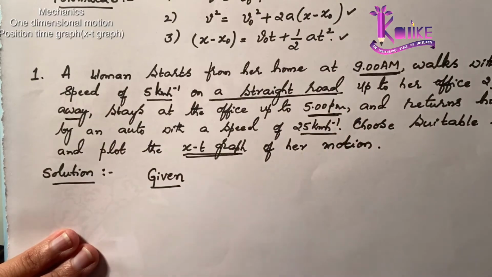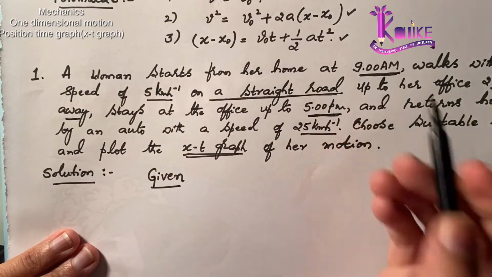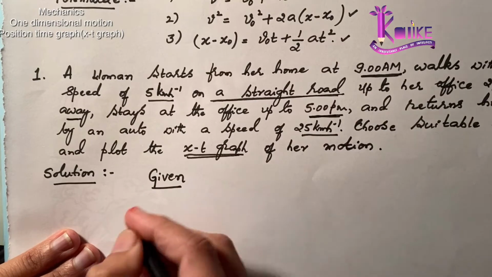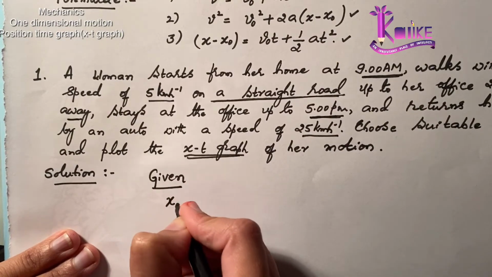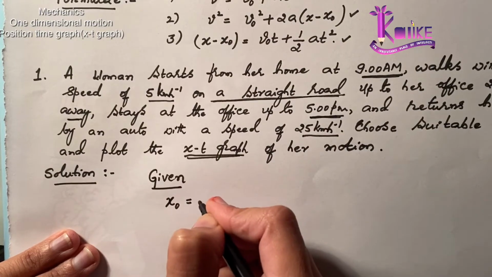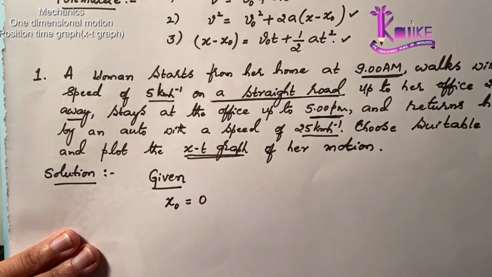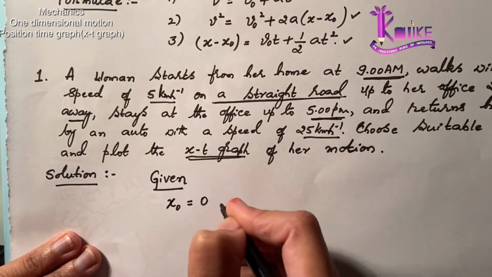The woman is at her home when the time is 9 a.m. So that means the position of the woman, if I call it x0, is 0. If I call her home the origin, so our initial position is 0.